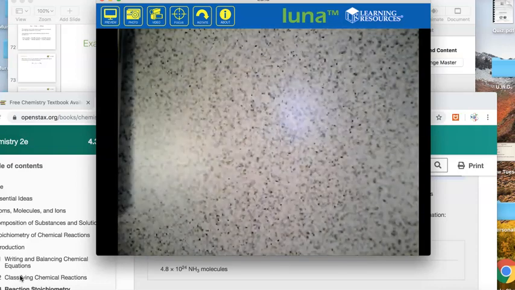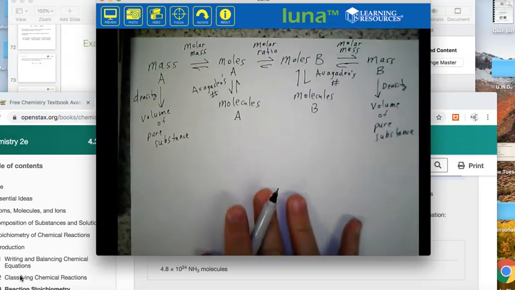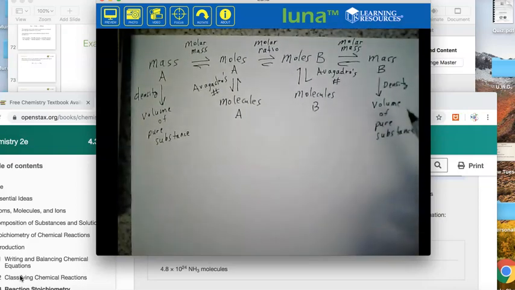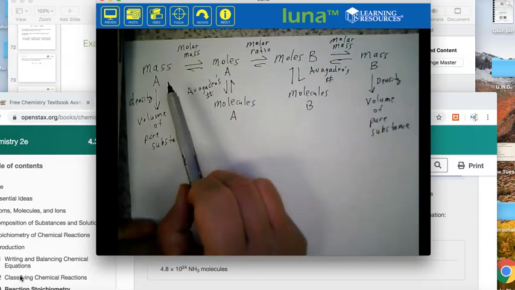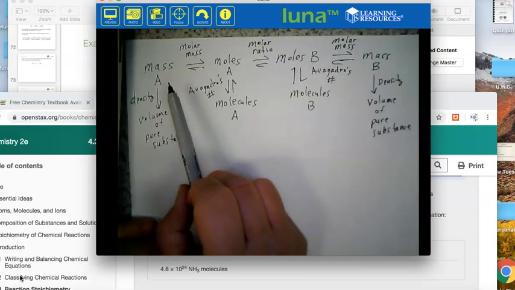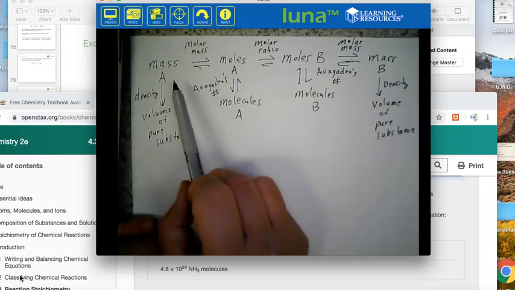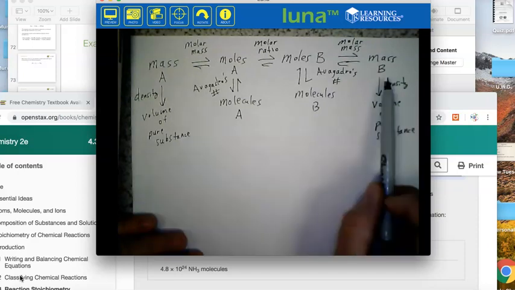So if we look back at our flow chart here, we're starting out with the mass of a substance. I guess we could start here if you wanted to, either way. So the mass of a substance, magnesium hydroxide, and we need to go from the mass of magnesium hydroxide to the mass of sodium hydroxide.